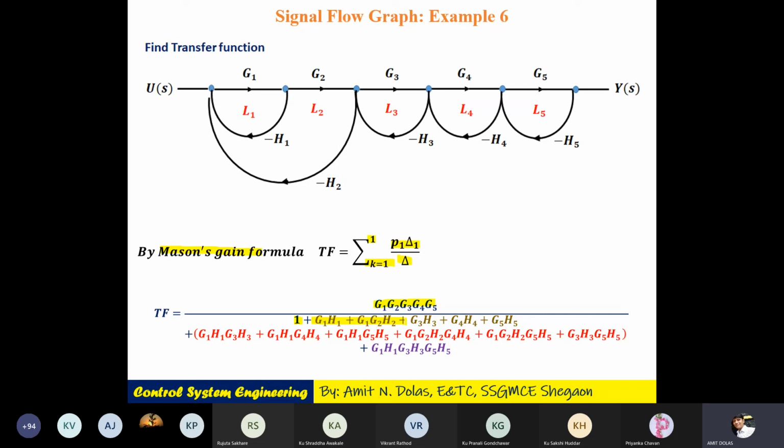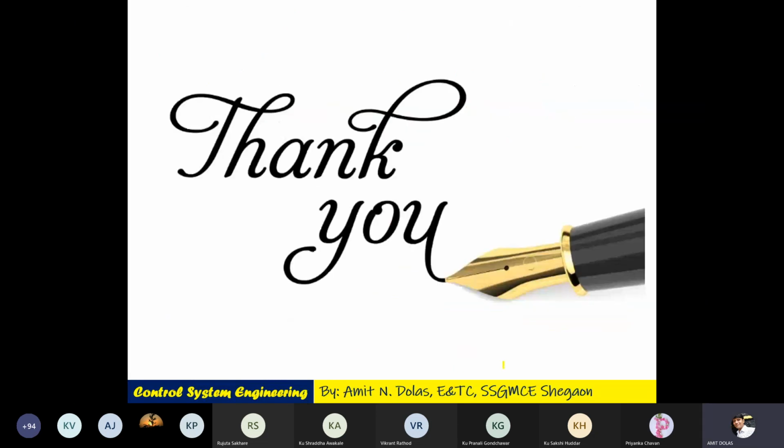This color shows individual loops, this color shows two non-touching loops as I used in the previous PPT, and this color shows three non-touching loops. So this is how we got the final transfer function of this signal flow graph.